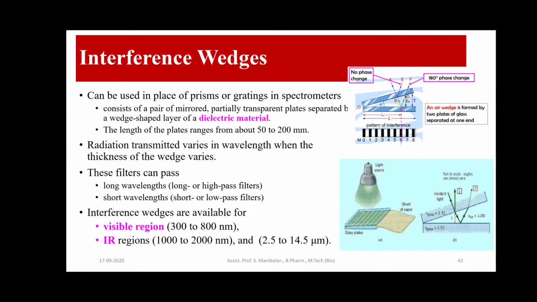For IR, which goes towards longer wavelengths, it will be in micrometers, 2.5 to 14.5 micrometers. If you want, we can convert between micrometers and nanometers. Actually we say micrometers for IR radiation, otherwise we can use the number of frequencies.